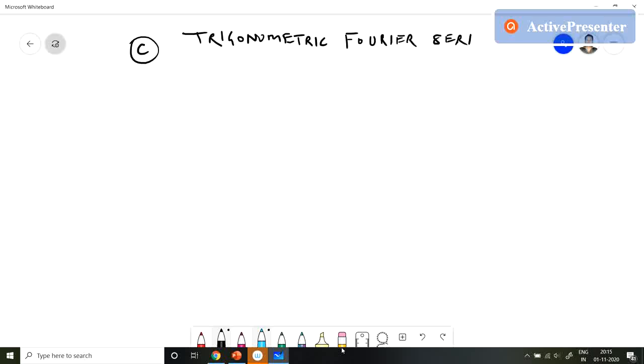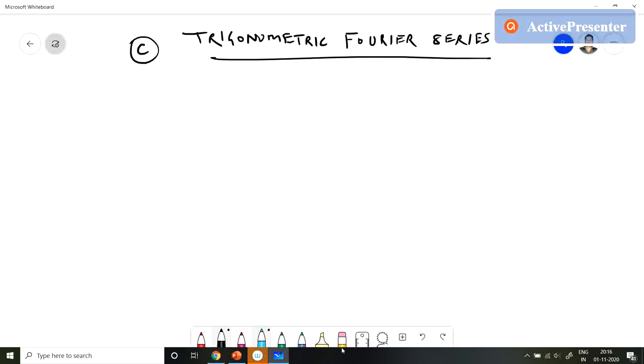Let us see another property, which is the representation in trigonometric Fourier series form. A periodic signal can be represented by Fourier series in complex form as well as in trigonometric form. So what is the trigonometric Fourier series?